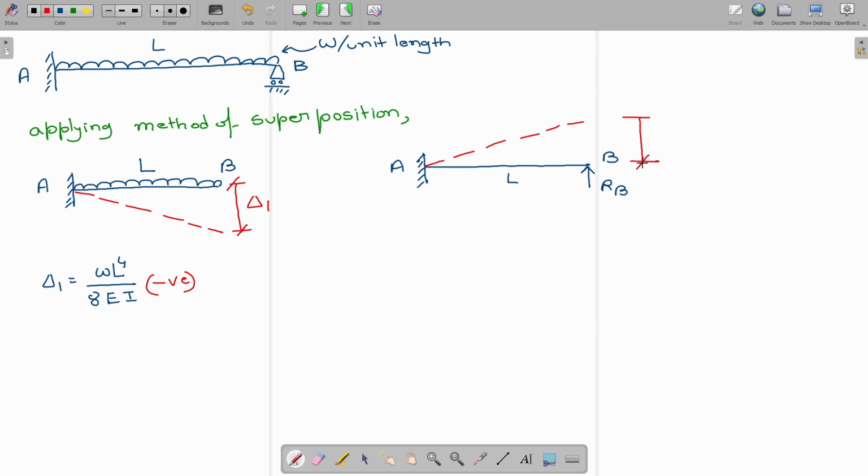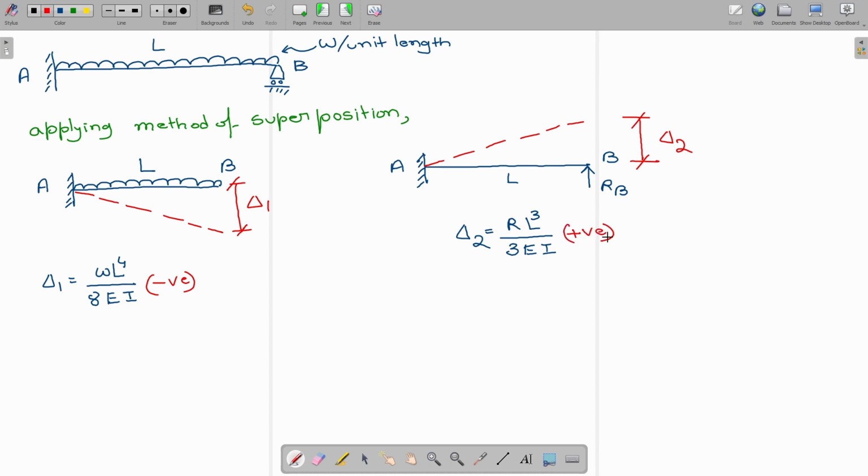So I can say that this is delta 2. Okay. So delta 2 is given as R L cube by 3 EI. This is positive as it is in the upward direction.